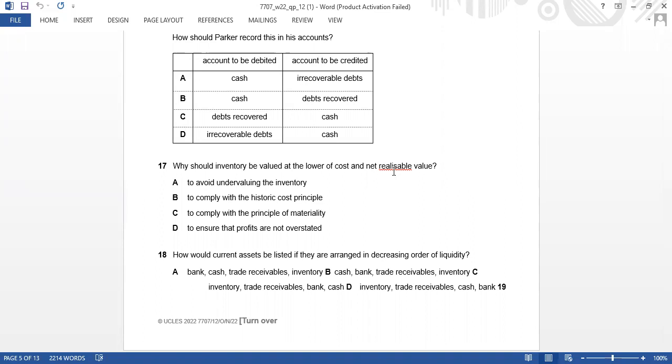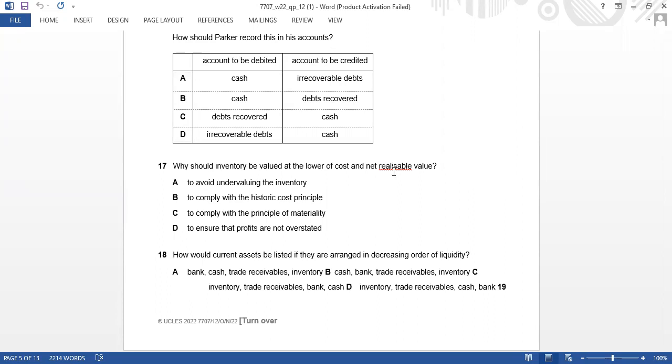It would be overvalued if we weren't recording it at the lower of cost, as we'd always record the inventory at a higher price if we are not using IAS 2 or the NRV chapter.